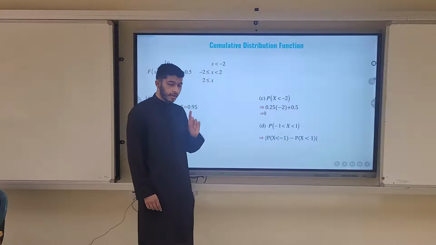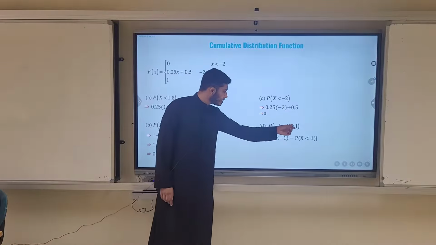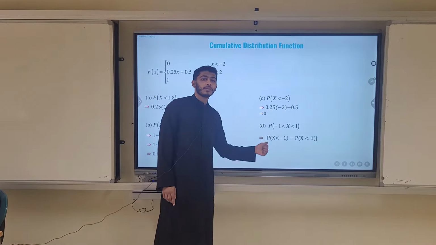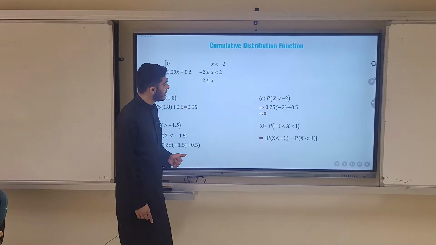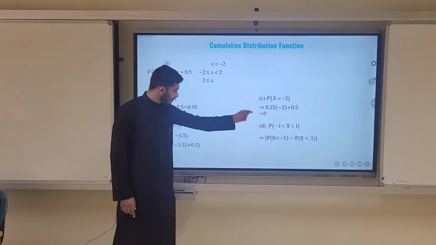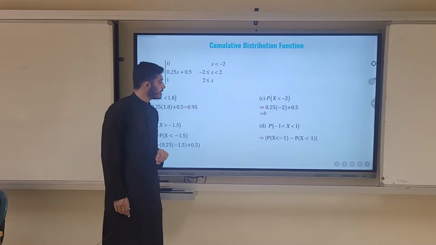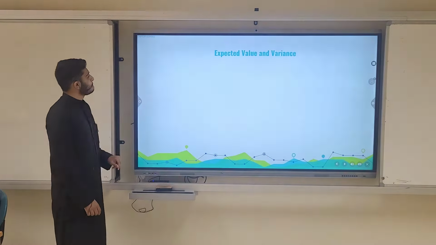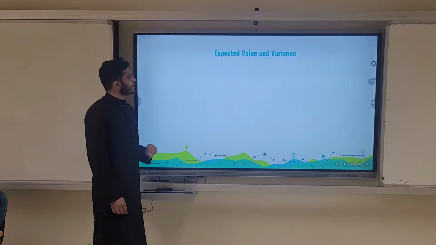But the real rule is to subtract the cumulative of the smaller number from the cumulative of the bigger number, and you should end up with the answer. Now we can solve each one of these by itself, and we should end up with the answer for this question, which is 0.5.